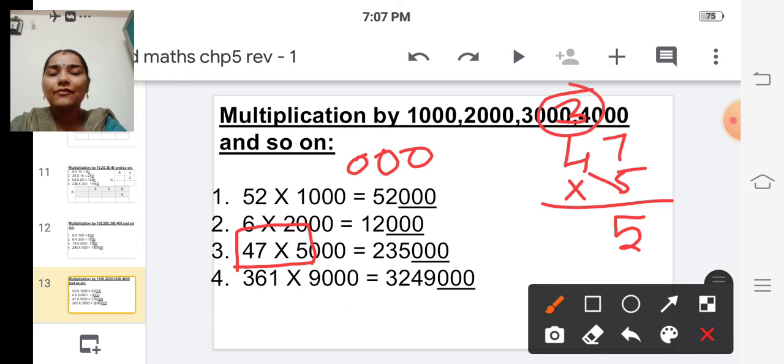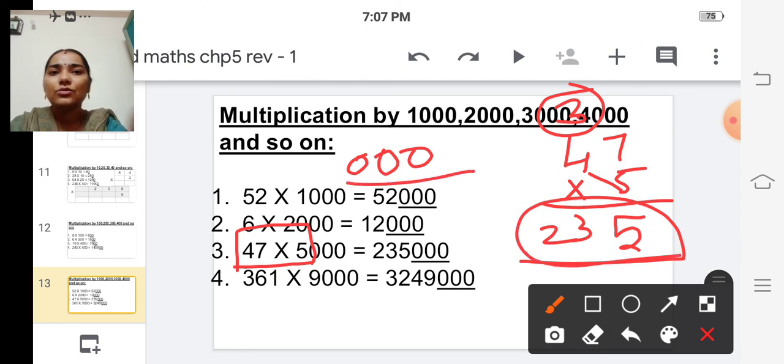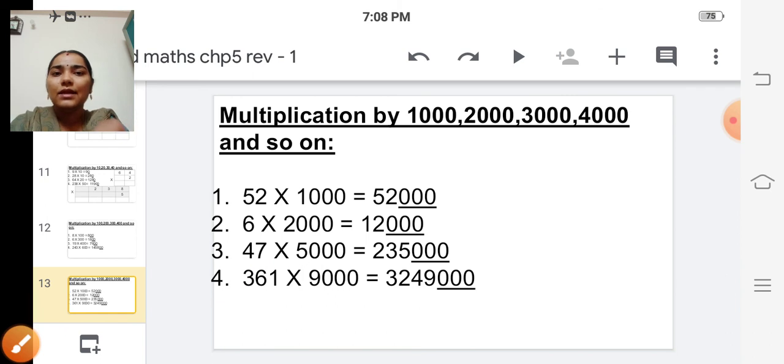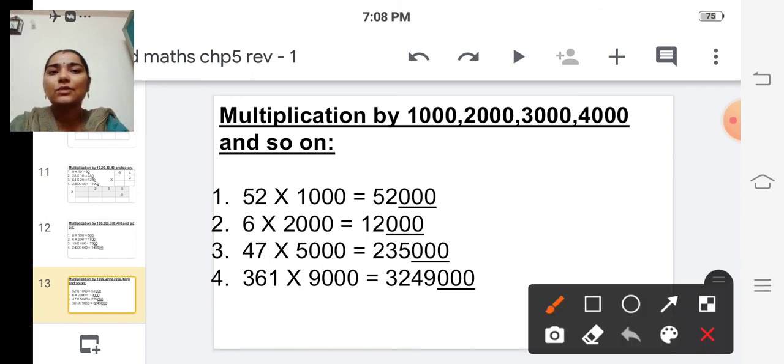Now 5 fours are 20. 20 plus 3 is 23. And write this number 235 before these three zeros. Okay. So the product becomes 2,35,000. Okay.